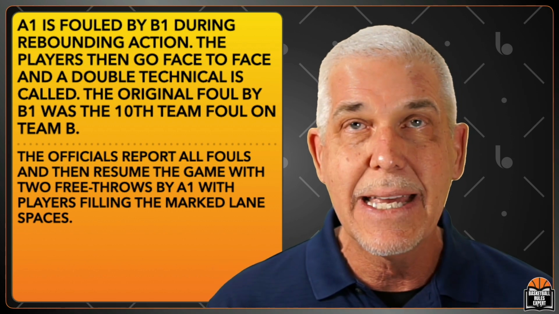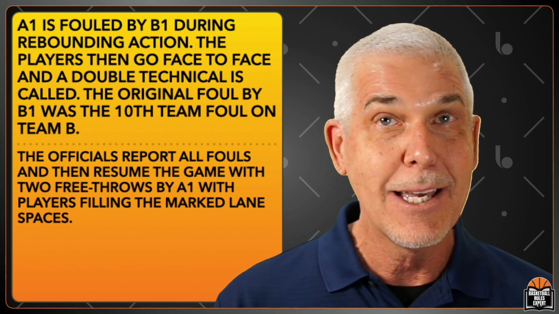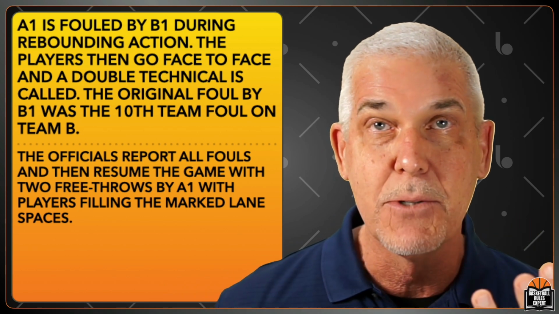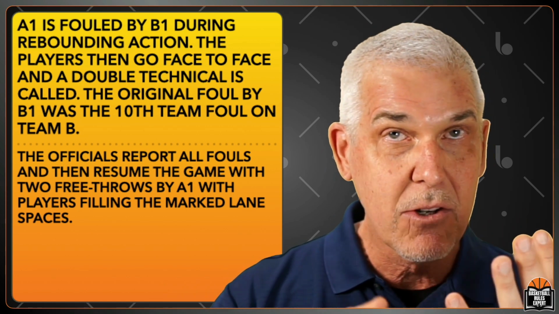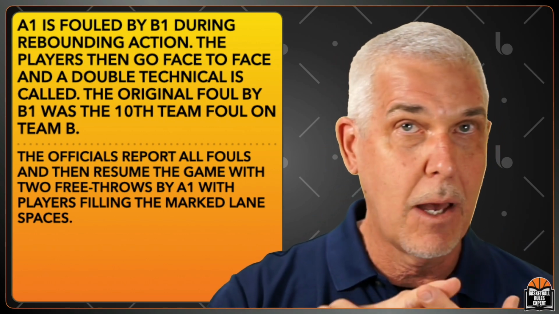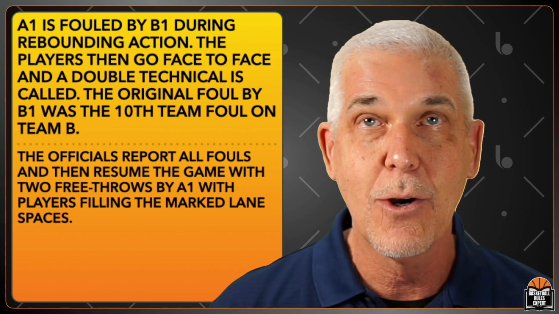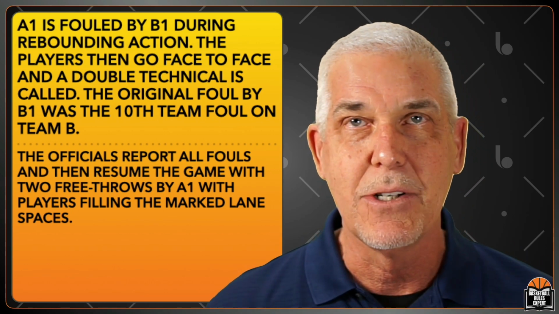How would we resume in this situation? Remembering that double always equals no free throws and point of interruption. Double technicals, double foul, double intentional, double flagrant. Double means no free throws, point of interruption.